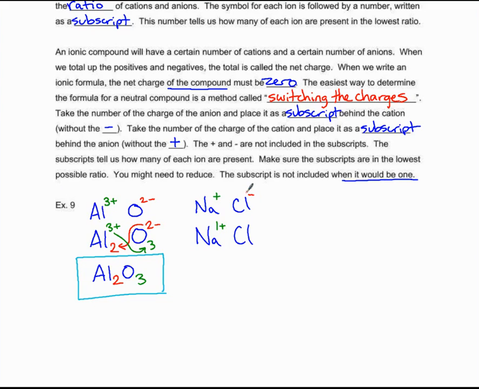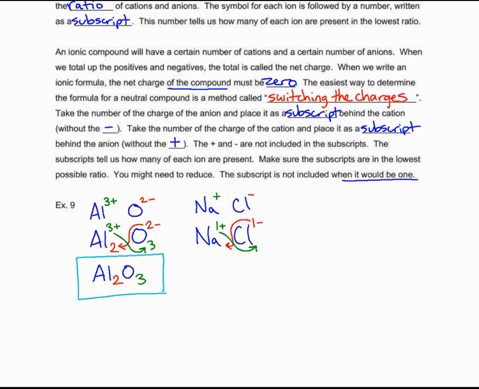And same with Cl-, it's actually a 1- charge. And so if you follow this, take the number of the charge of the anion and place it as a subscript behind the cation, this number would go right here. And the same with this one, the number of the cation goes here.